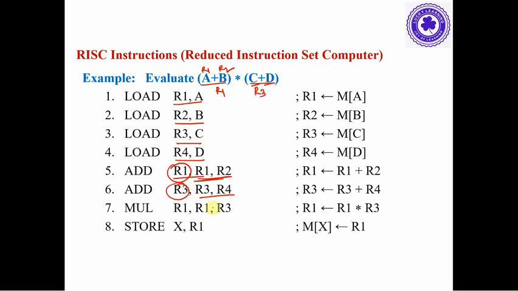Between these two, we perform a multiplication and the result is stored into R1. And the final result is stored into X, so the R1 value is stored into memory at location X. These are the micro instructions required to explain the operation of these computer instructions. These are the RISC instructions of the expression.